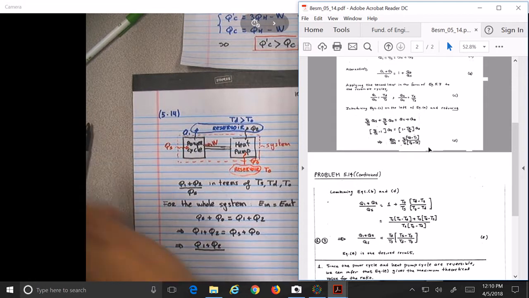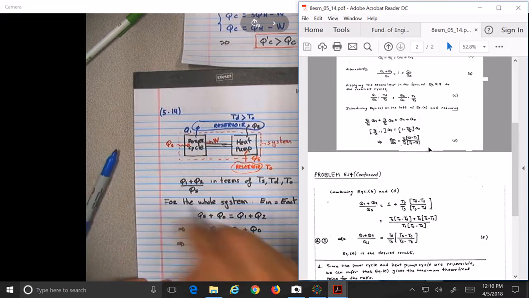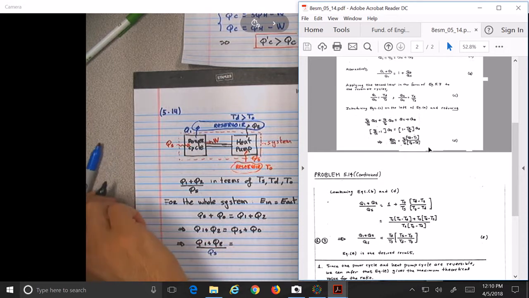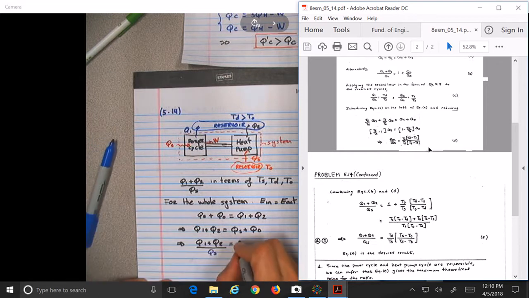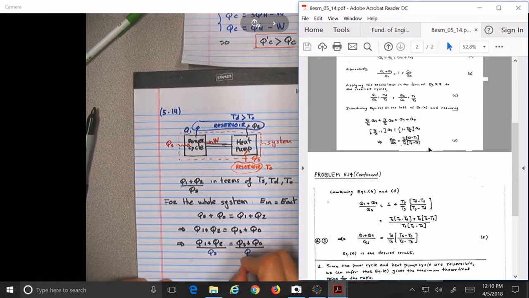What are we trying to find? Q1 plus Q2 divided by QS, no? So we divide that one by QS. What do we get? We get QS plus Q naught divided by QS.